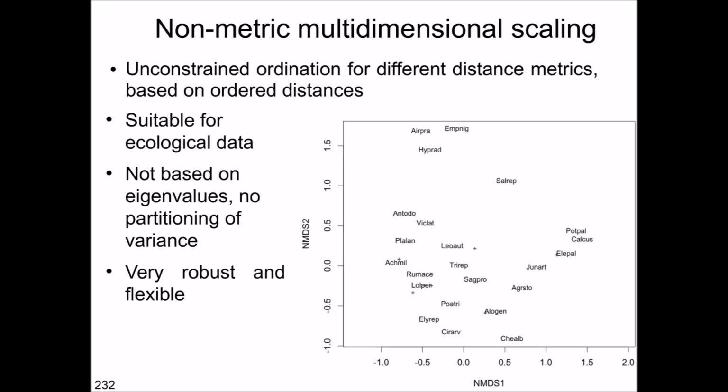That means the first and the second most distant objects, the highest distance and the second highest distance, are also the first and the second most distant objects in the geometrical representation, but the relationship between these distances may not be the same.